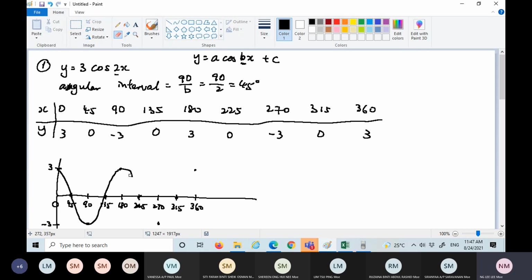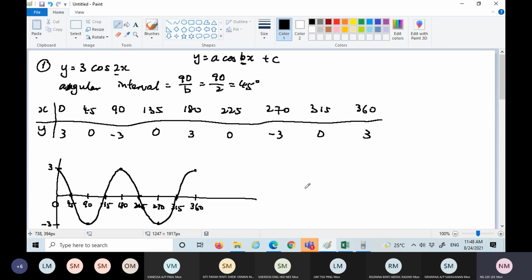Okay, I erase it. Okay, continue. Okay, go to 0. Go to negative 3, 0, and then back to 3. Okay, done. Full marks.